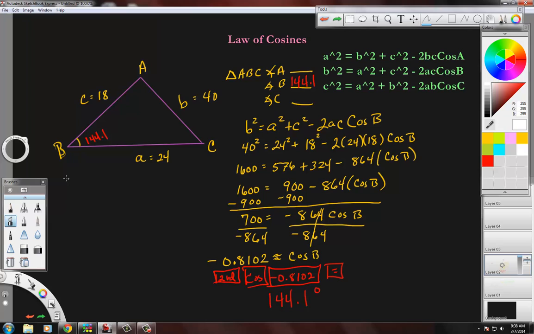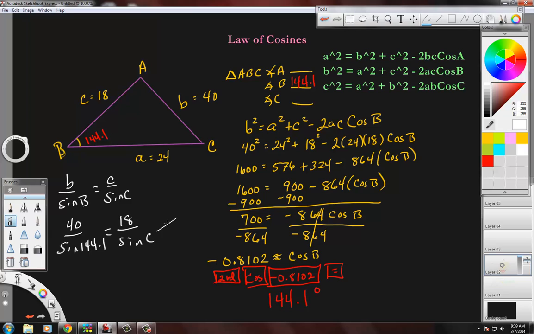I'll just write the formula out: b over the sine of B equals, I want to do c, I guess, c over the sine of C. So that would be 40 over the sine of 144.1 equals 18 over the sine of C.